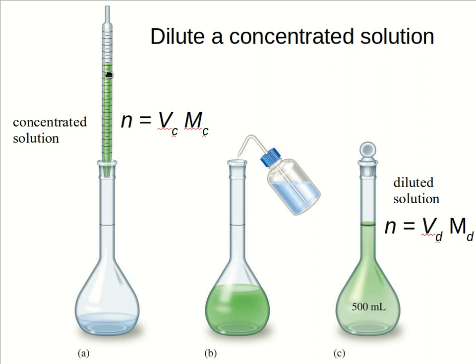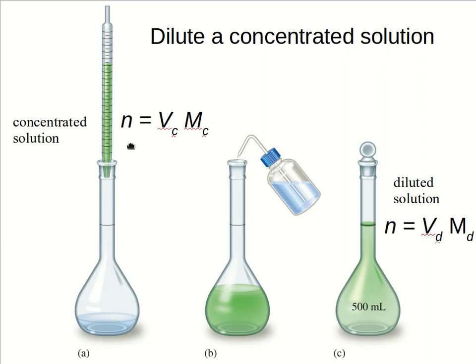I have some concentrated solution in my stock room. That's why it's very often called a stock solution, but it's really just a concentrated solution that I have at my disposal, and I'm using very often a pipette. Pipettes are pretty accurate. This is a graduated pipette. You can read off how much you take directly at the pipette.